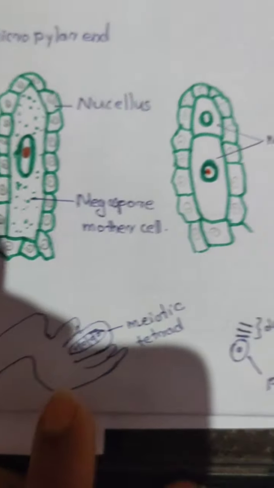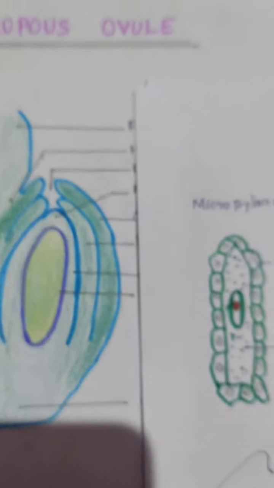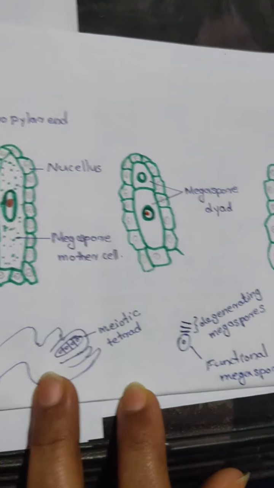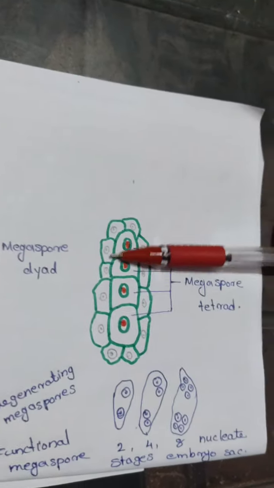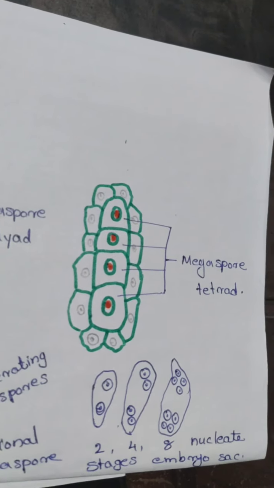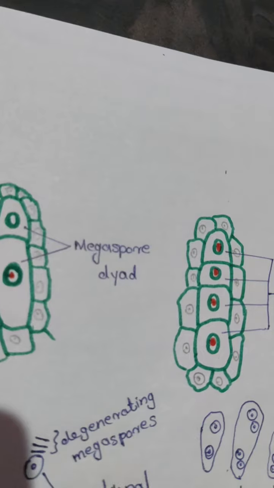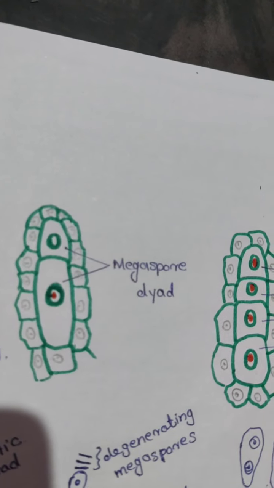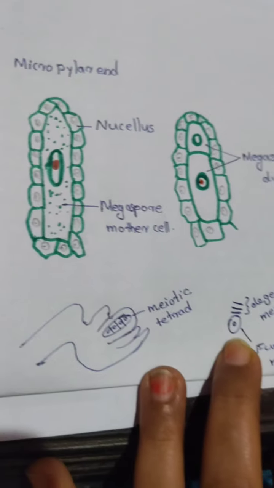In the majority of flowering plants, 1 megaspore is functional while the other 3 degenerate. In the megaspore tetrad, 4 megaspores are formed. Therefore, only 1 cell becomes functional.